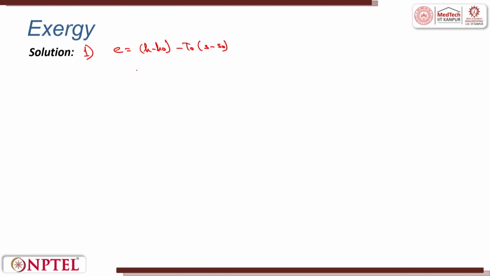For an ideal gas, H minus H naught is equal to Cp times T minus T naught.